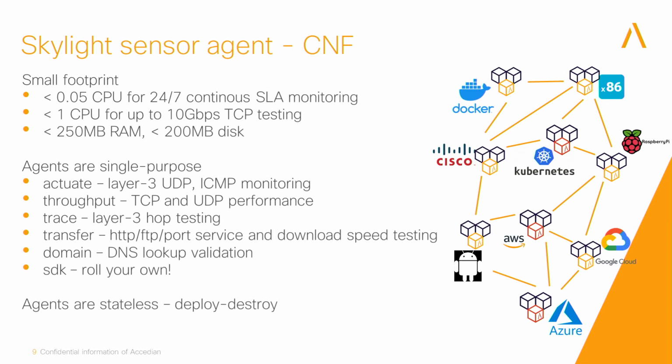So our customers, eventually, we're going to launch this sometime in the summer, can take their own test scripts or test functions and wrap them into an Accedian Skylight test sensor, and then it will automatically plug into our framework and can be controlled, stopped, and get the data feeds through the Skylight platform.